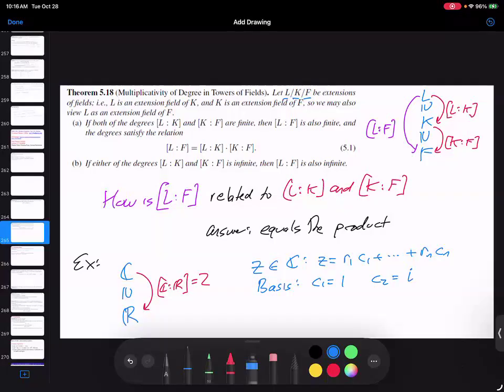Can we do it with just one complex number? And so I'll leave that as an exercise. Prove this is a basis. And you can do this by showing C does not equal all the reals times some fixed number for any fixed complex number c.